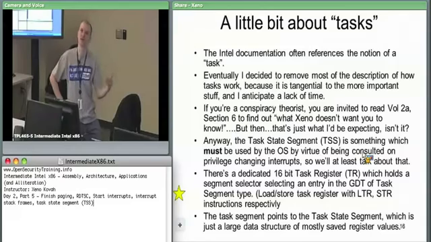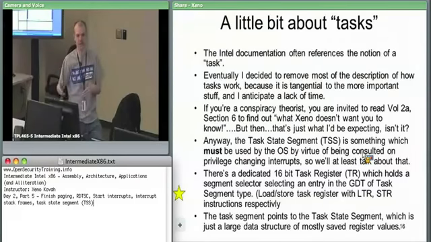How does the hardware find the data structure? The task register. Like the GDT: how does the hardware find the GDT? The GDT register. The LDT? The LDT register. How does the hardware find the task state segment data structure? The task register.